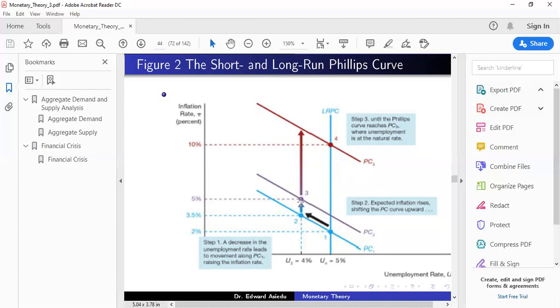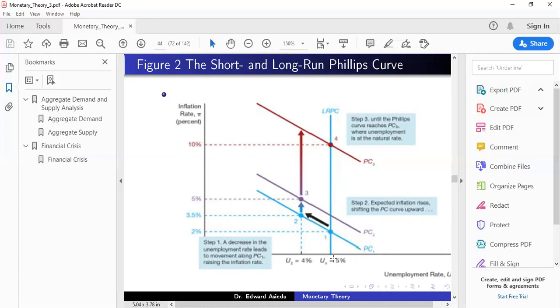We are saying in the long run, you always move back to your potential. Where unemployment is at the natural rate, you still return to this natural rate of unemployment, which is 5%. It's just that it has led to these higher inflation levels, so 10% inflation.